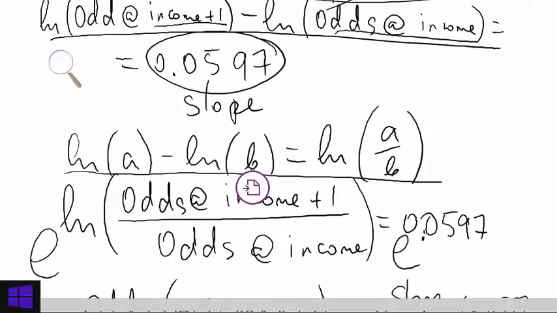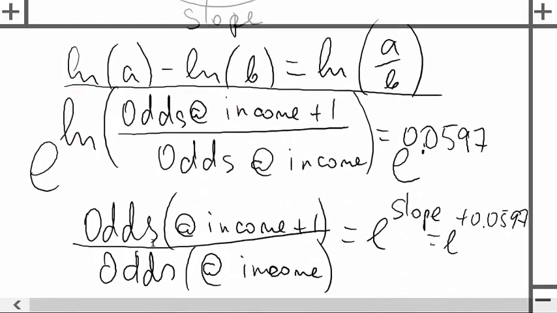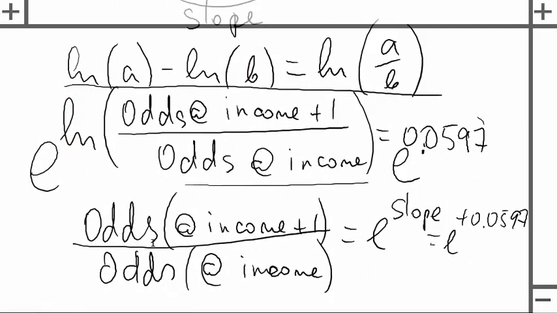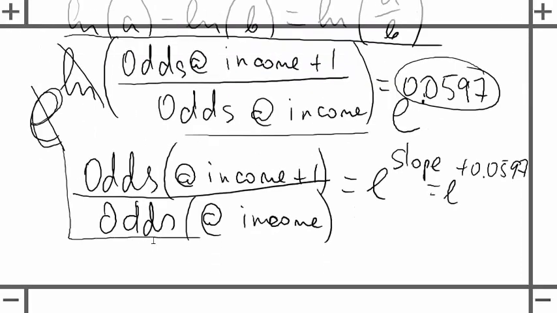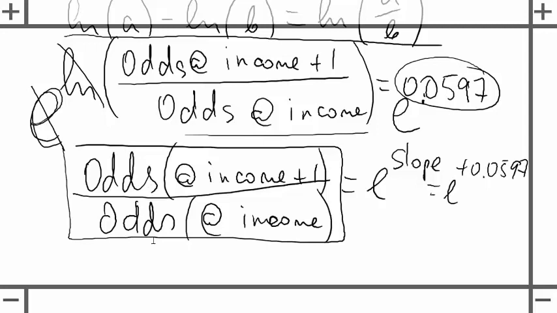So here it is: the natural log of odds at the level income plus 1 divided by odds at the old level is equal to 0.0597, that's the slope. And then how do we get rid of the ln? We raise e to this power. e and ln are opposite functions, so essentially they cancel out. And on the left side we have the odds ratio.